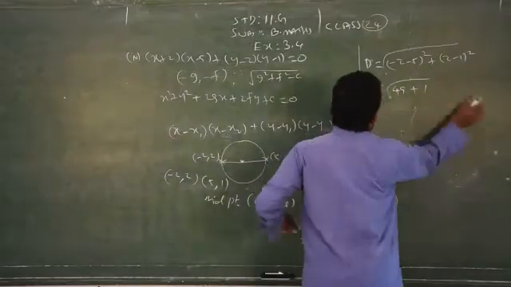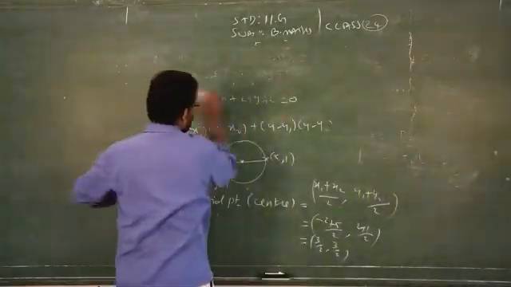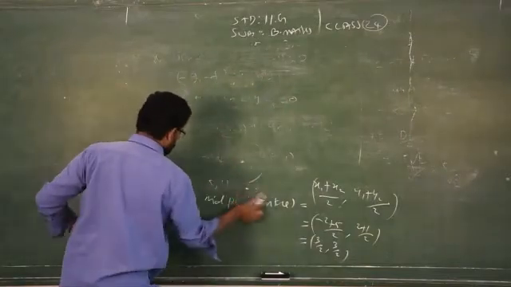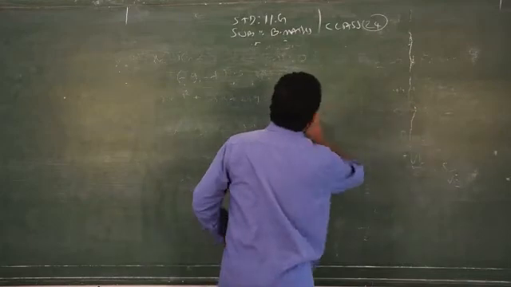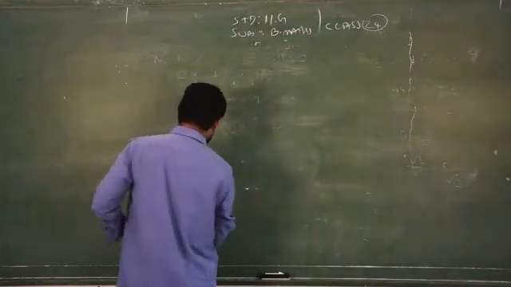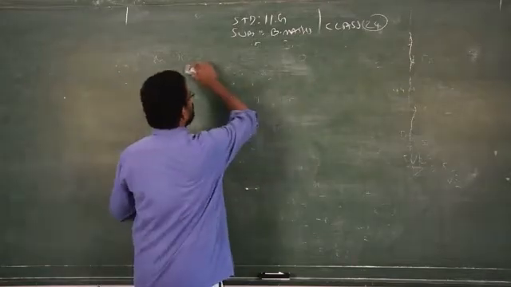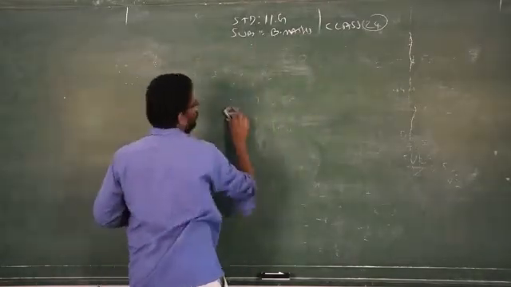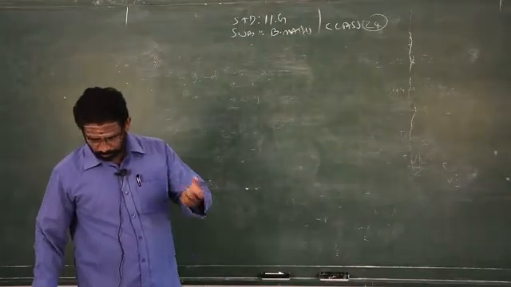Clear. So both methods you can do, but this depends upon your wish. Either you follow that equation from the circle, or you can follow this method. That's your wish. Now we'll go to the sum number 3.